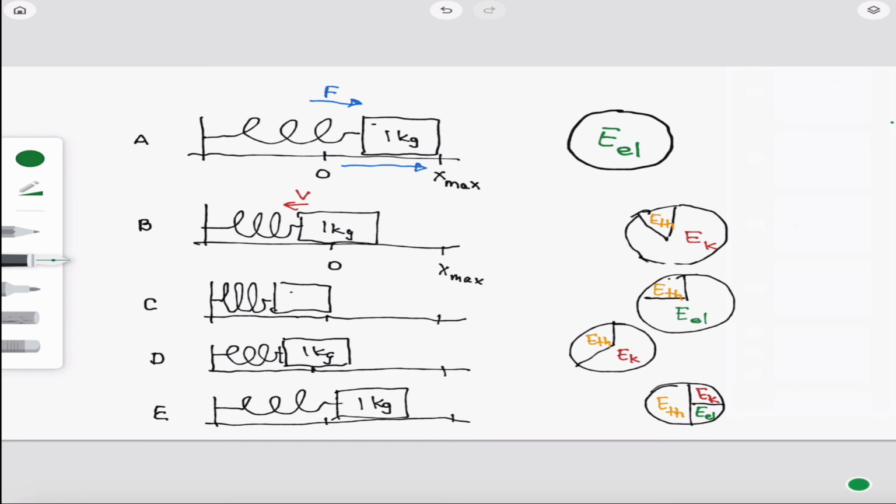So at some point between when it's stopped and about to turn around and when it's passing through its equilibrium position, it has both some kinetic and elastic energy, and it will keep oscillating back and forth until all of the energy is converted to thermal and it will come to rest.